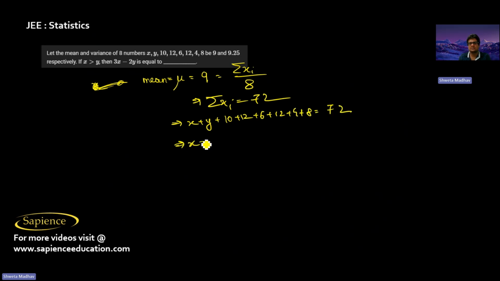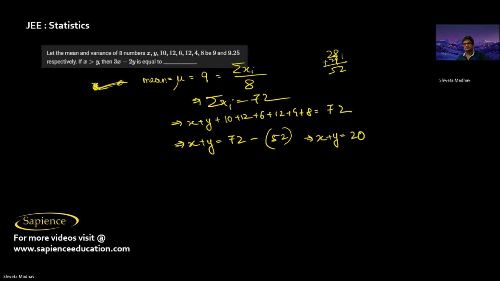So therefore, x plus y will be equal to 72 minus the sum of the known numbers, which is 52. X plus y will be equal to 20.